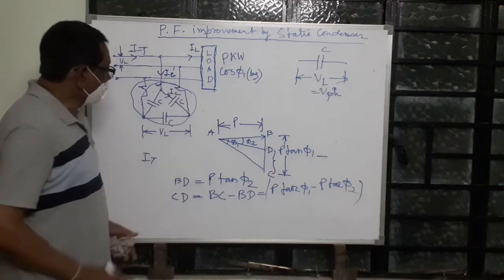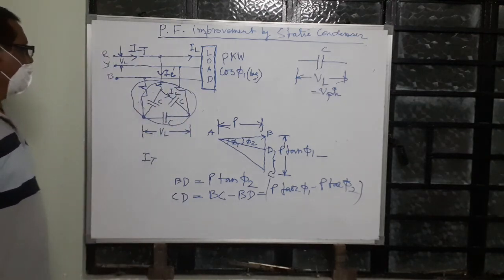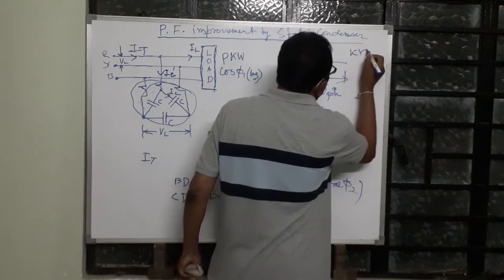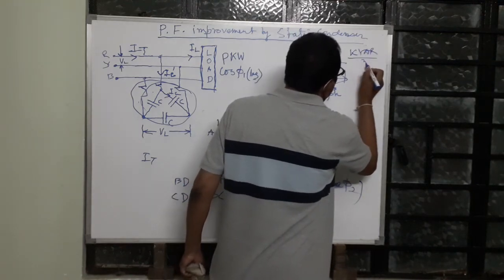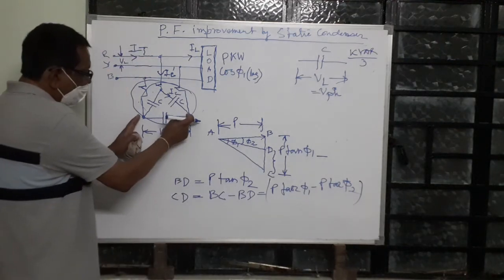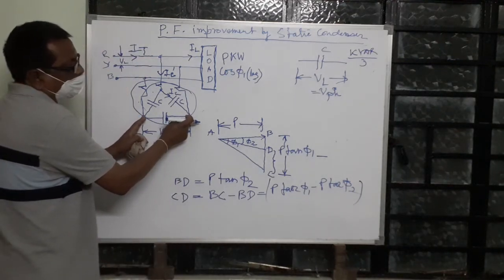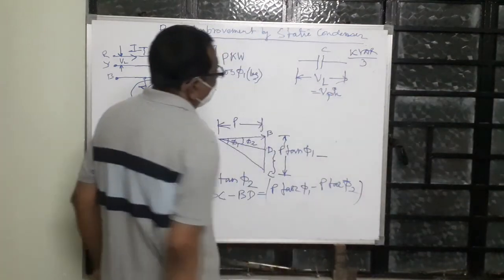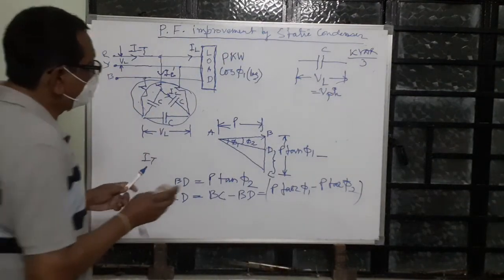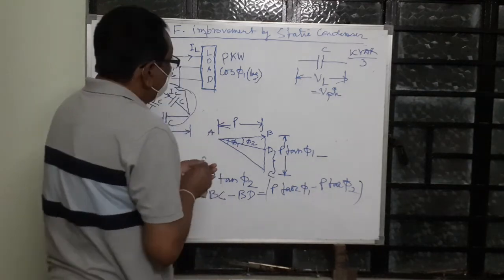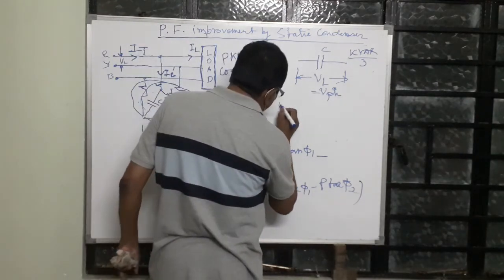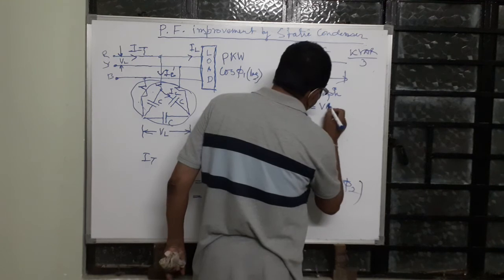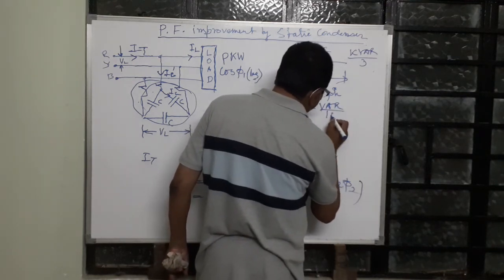If we divide it by 3, we get the kVAR rating of each capacitor. kVAR means kilovolt ampere reactive, and the kVAR of the capacitor equals volt ampere reactive divided by 1000.